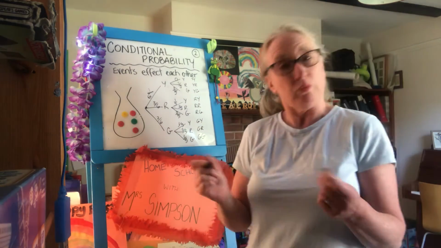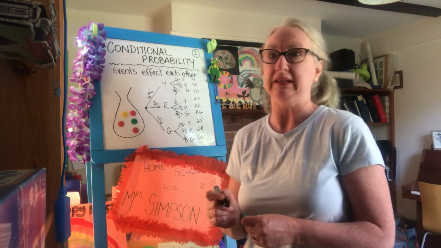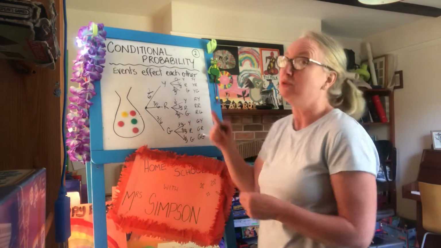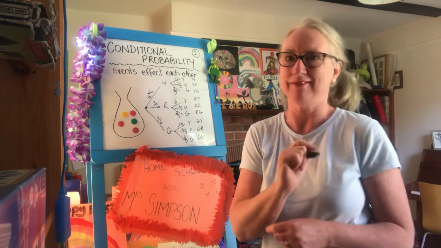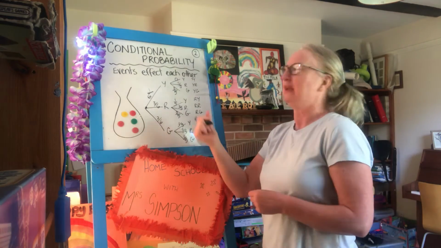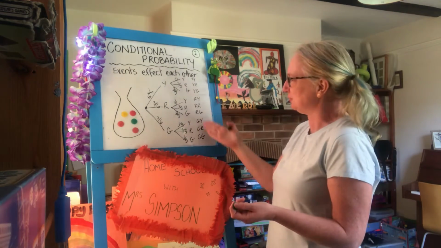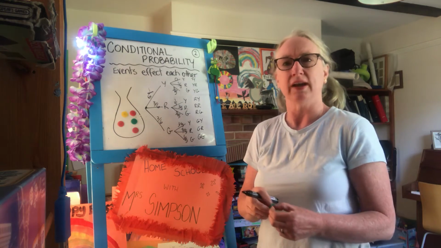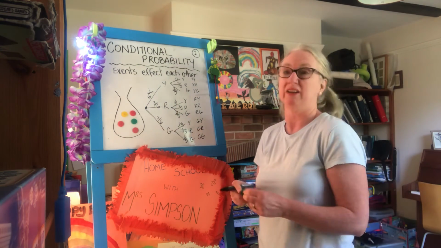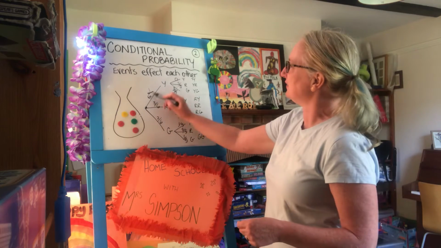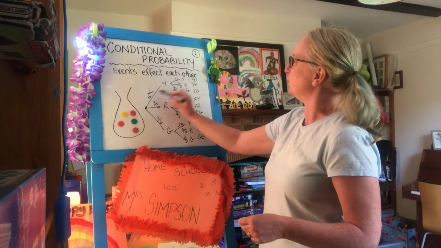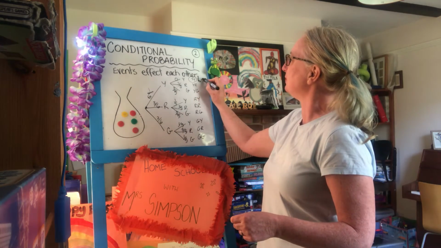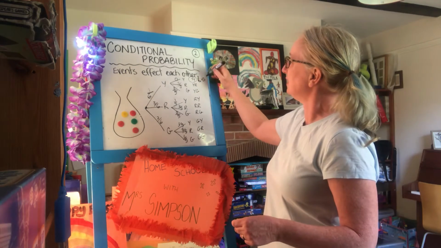So now you can work out every single possibility if you like by doing AND, which is, yes, multiply. Or we can simply use our sample space now to work out just the ones that our questions have asked. So I asked you at the start, what's the chance of getting a double? Well, the chance of getting a double yellow is 1/6 times 0, which is a 0 chance.